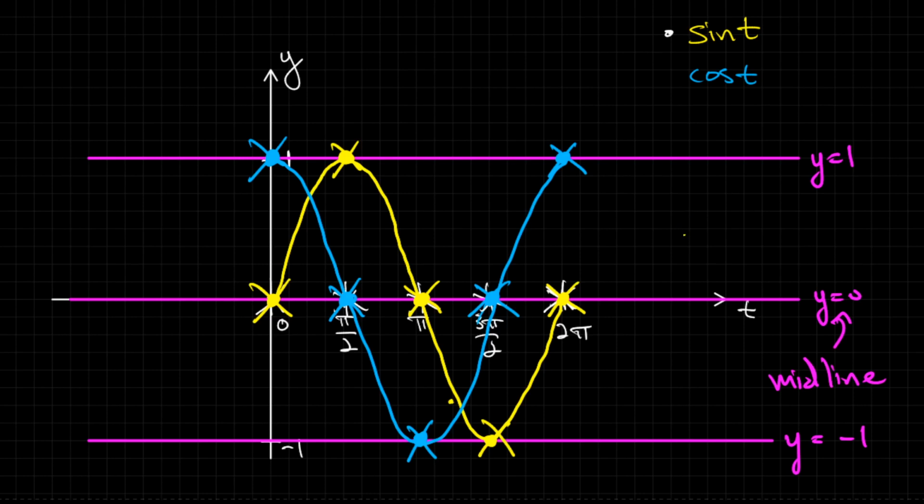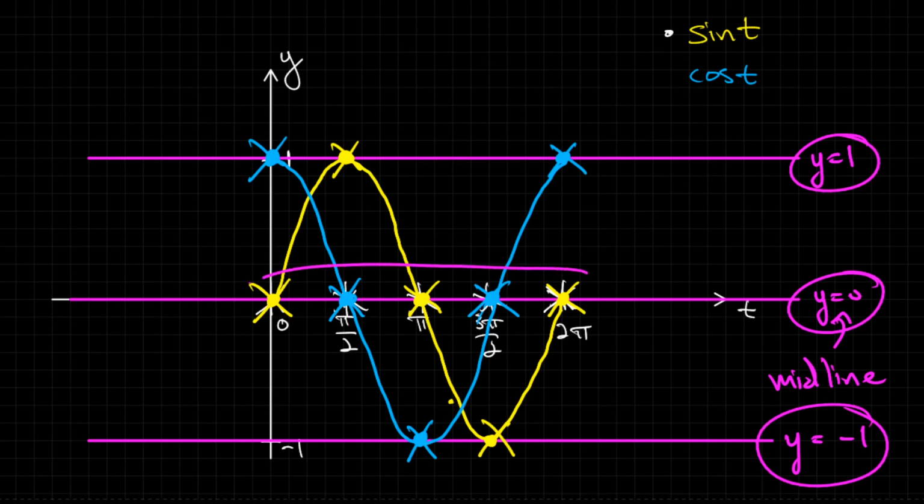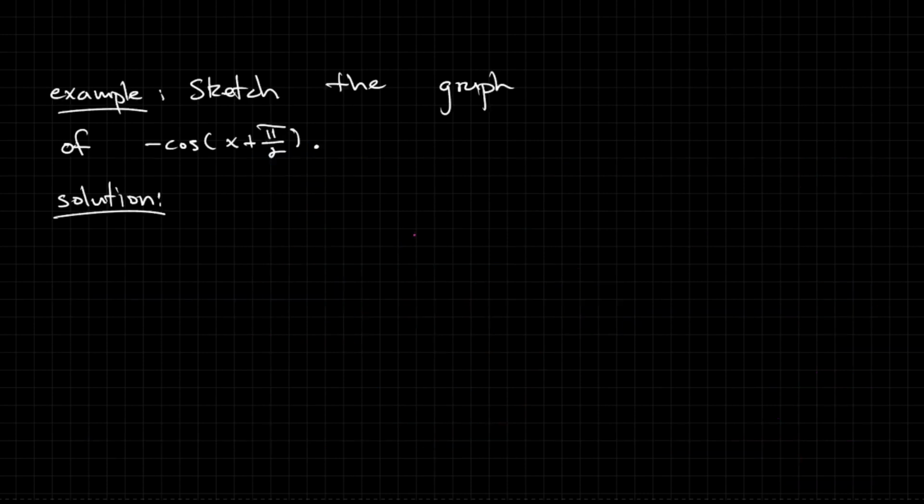Now, in order to do this for transformations of functions, you have to know a few things. You have to know the top, the midline, and the bottom line, and you have to know these 5 x-coordinates here. So let's go ahead and record what we need to know in order to sketch this graph.